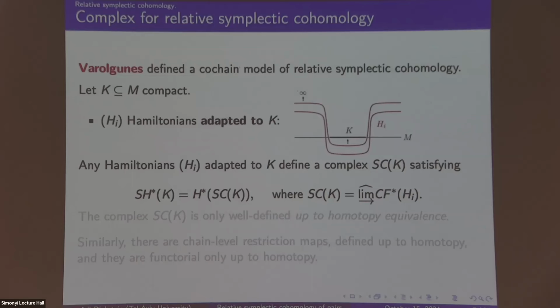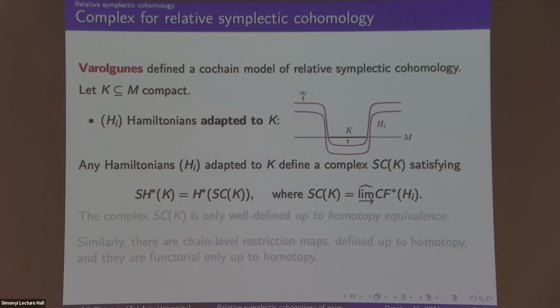The purpose of this completion is to kill the periodic orbits that are far from K. What remain are the Morse critical points on K and periodic orbits in a neighborhood of K, but the Floer trajectories can travel through all of the manifold.